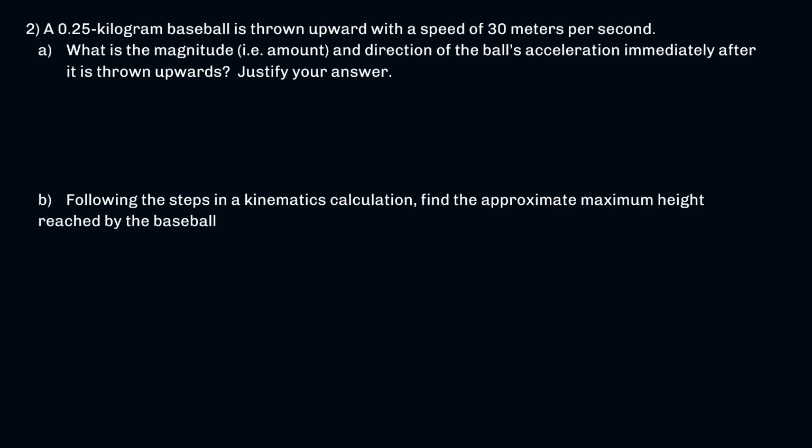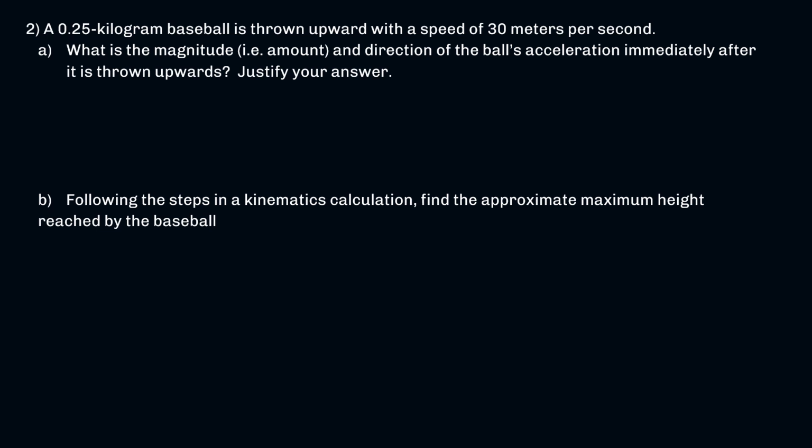Then for the actual number, we are going to look at our fact sheet. I know that anything that's thrown up or dropped is going to be in free fall, and I'm going to add this to the fact sheet in the free fall section. So anything that is thrown upward or dropped counts as free fall. Then I can use the facts for free fall here.